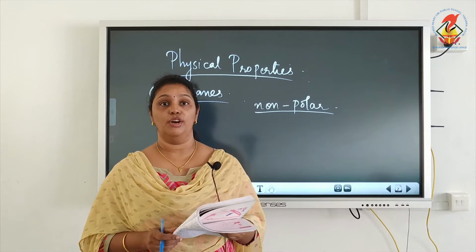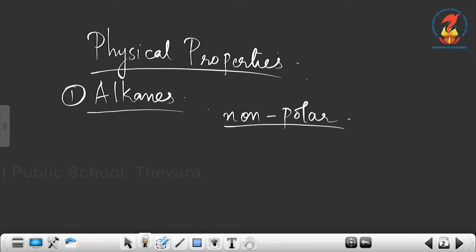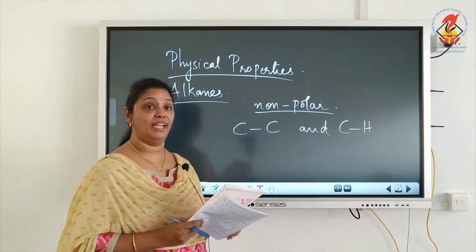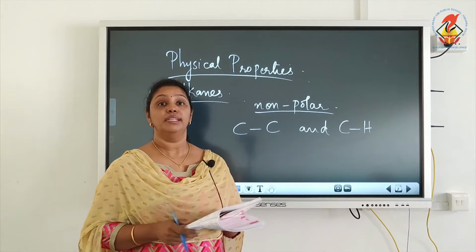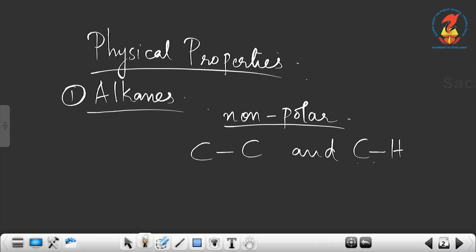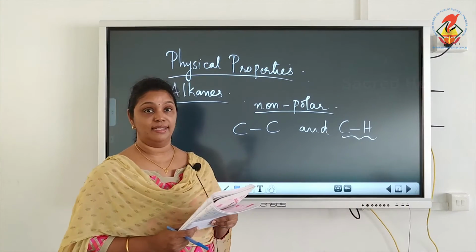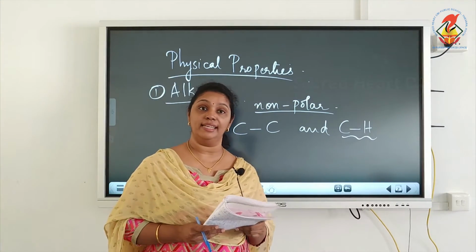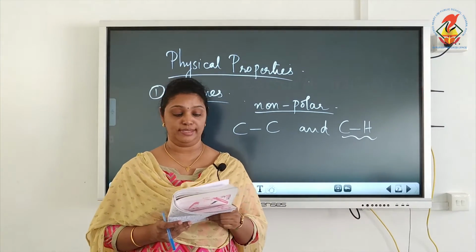This is because of the covalent nature of the C-C single bond and C-H single bond. So, these bonds are covalent in nature. And also, there is very little electronegativity difference between carbon and hydrogen. As a result, we can say that the alkanes are non-polar molecules.